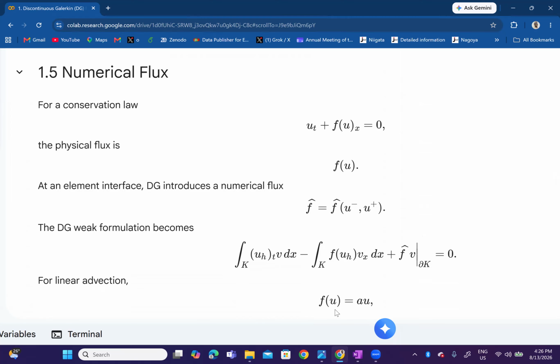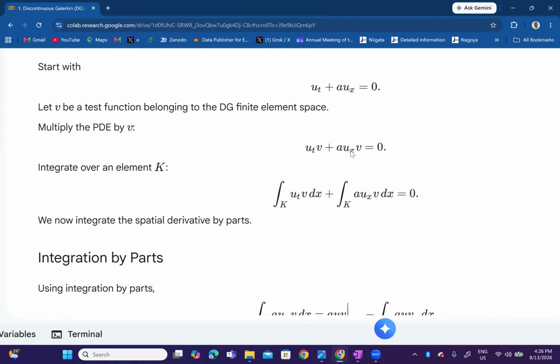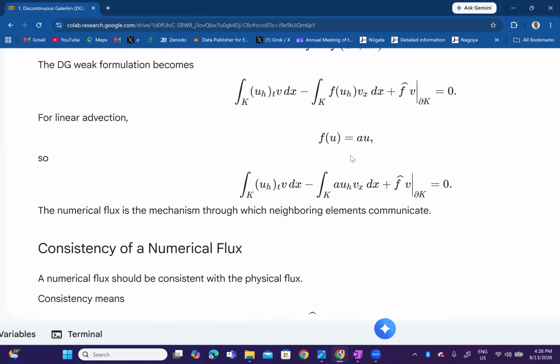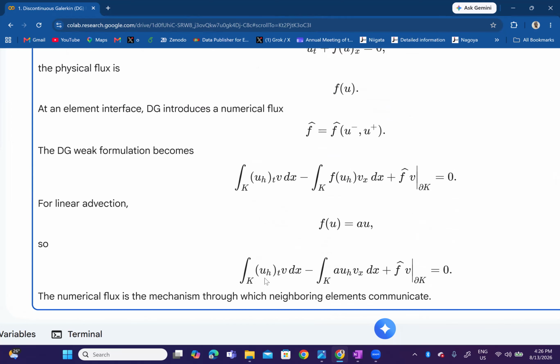So for linear advection, f of u is au. That's still referring to the original equation we started with. So in that case, we then have the integral over K of u sub h sub t v dx minus the integral over K of f of u sub h, which becomes a u sub h v sub x dx, plus this f hat here, v evaluated over the boundary of K, equals zero.